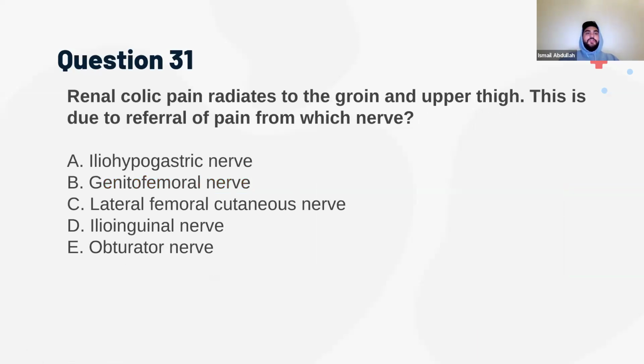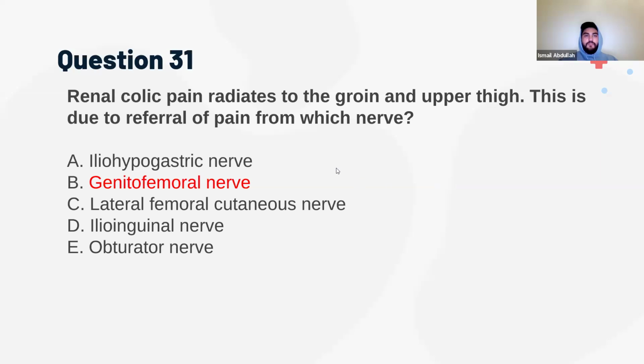All right, so renal colic pain radiates to the groin and the upper thigh. This is due to referral of pain from which nerve? Yep, it's going to be the genitofemoral nerve.